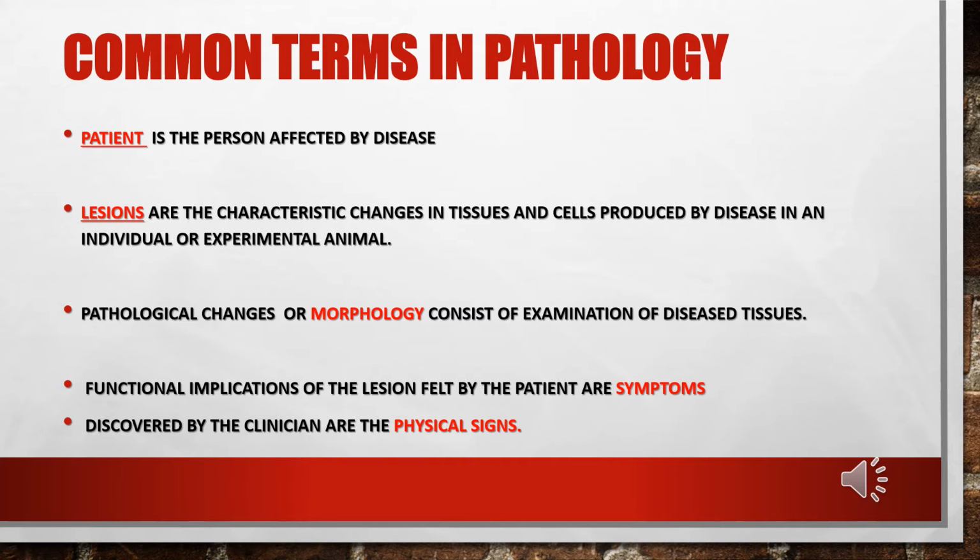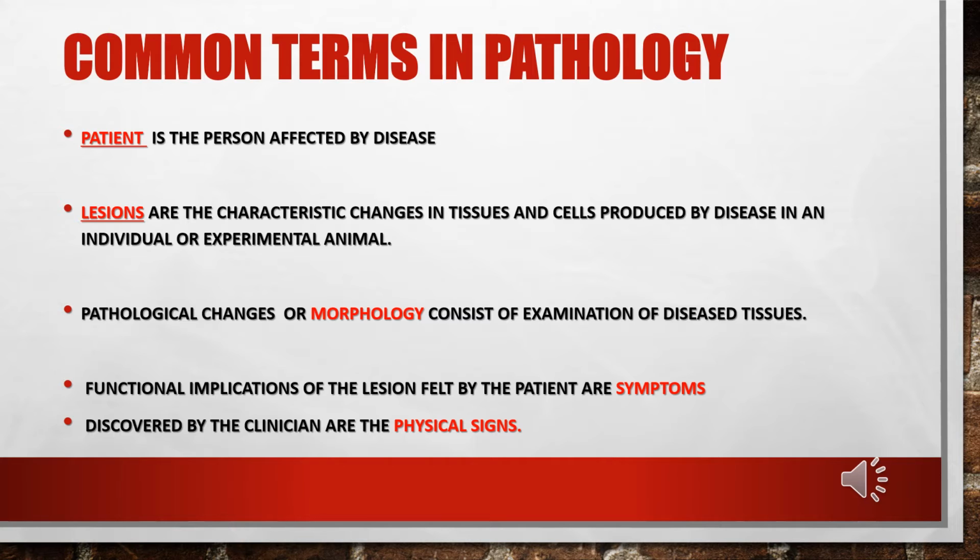The term pathological changes or morphological changes basically consists of examination of disease of the tissue. If you are seeing any diseased tissue with your naked eye, then it's known as gross examination.